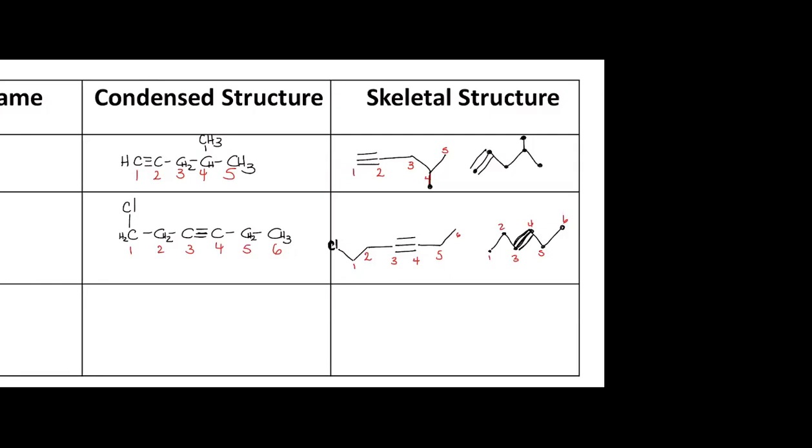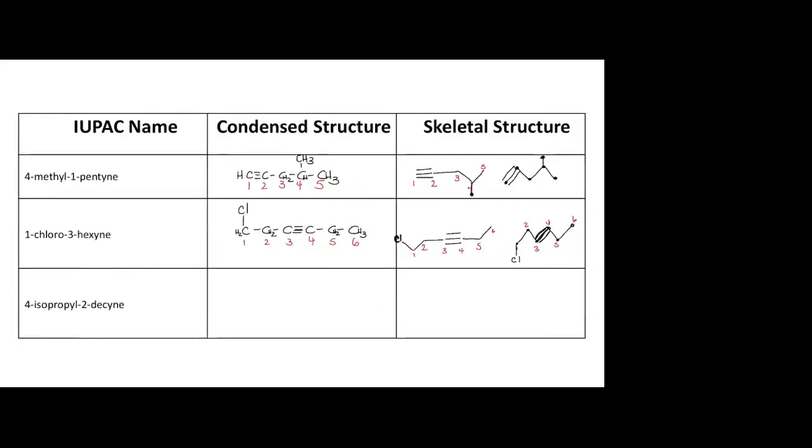And then on carbon 1, you can point it in any direction. You can make it point down or point up like I did there. As long as you put the chlorine on carbon 1, you're good. Put a 2 in the chat if it makes sense. The condensed and skeletal structure for 1-chloro-3-hexyne.